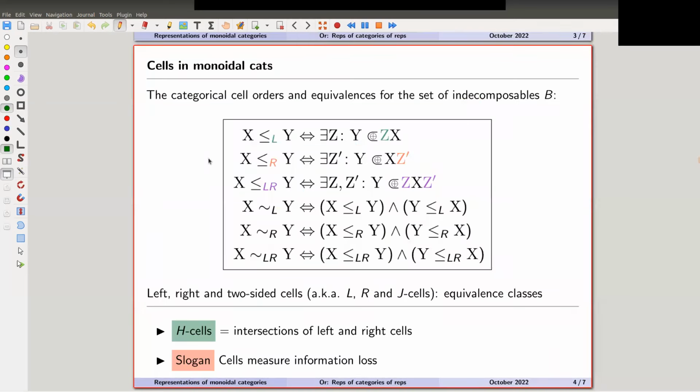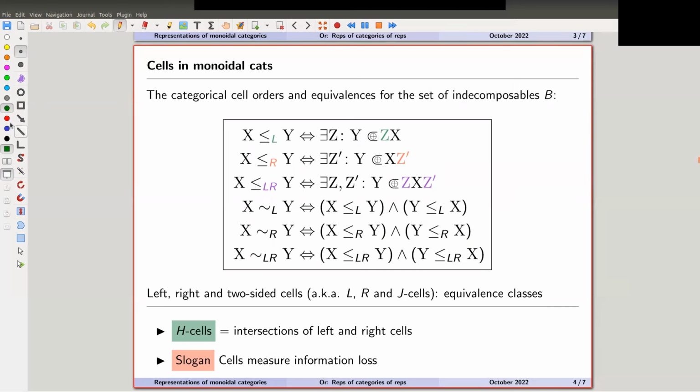All right, let me do something different. Let me tell you a complexity measure on those categories, which are called cells. That's a classical notion in monoid representation theory, and it works as follows. It's an order on my indecomposable objects. There's a left order, a right order, left ideals, right ideals, two-sided ideals, same idea.